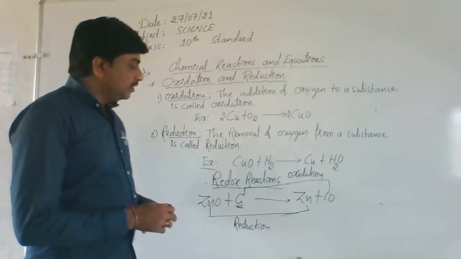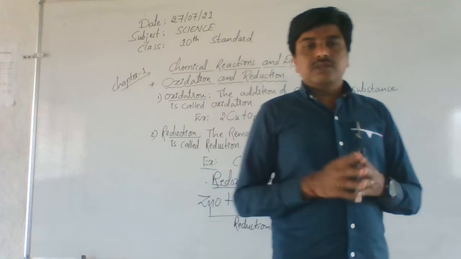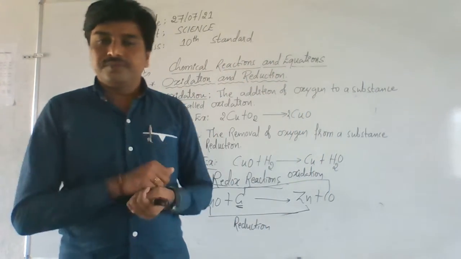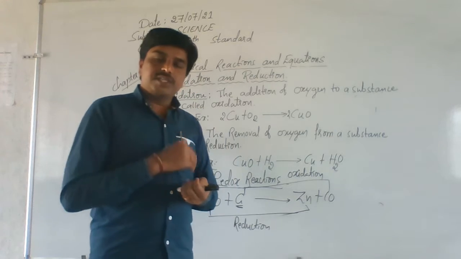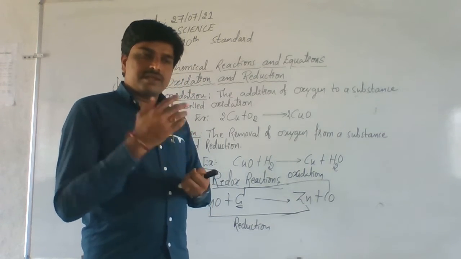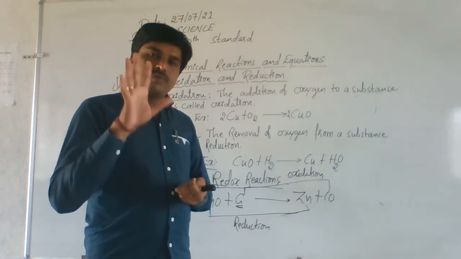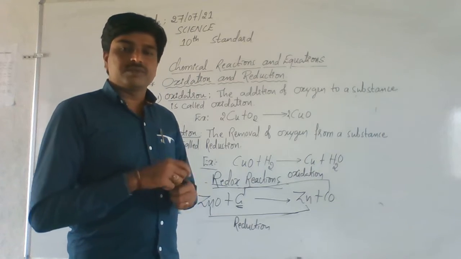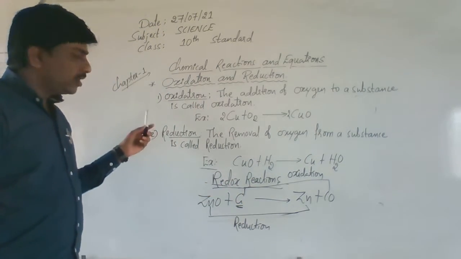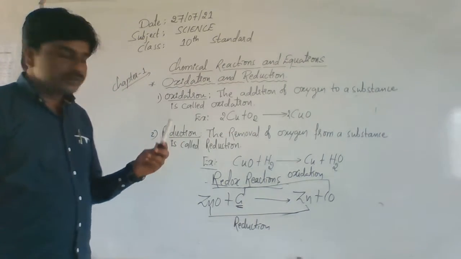Clear or not, students? Very good. Let's see. The last coming concept is the effects of oxidation in our everyday life. So where can we see these effects of oxidation in our everyday life? I will explain with some examples. Oxidation means addition of oxygen to a substance.